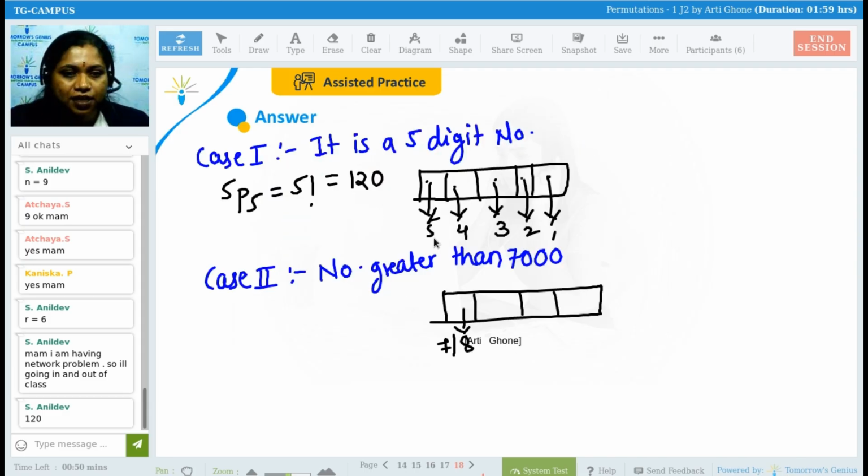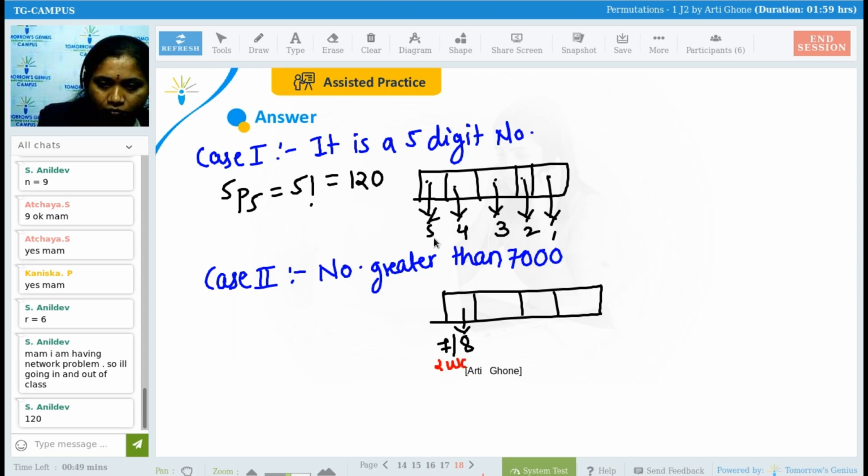Clear? Here, is there any other chance to fill? If I fill it with 5, is it acceptable for this case? Got it? So the first place can be filled with any 2 digits only, 7 or 8. Clear? So we have 2 ways of filling the first place.